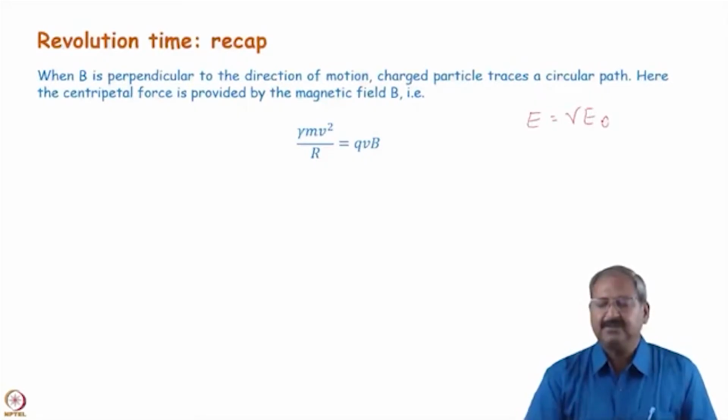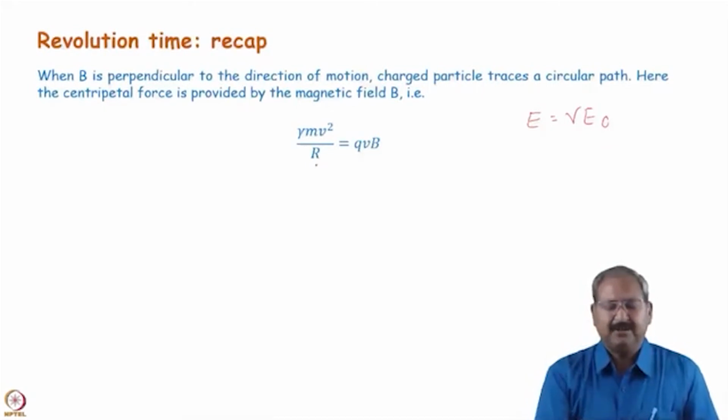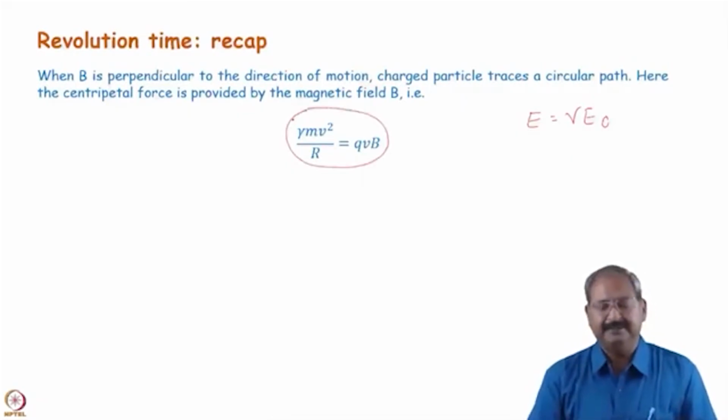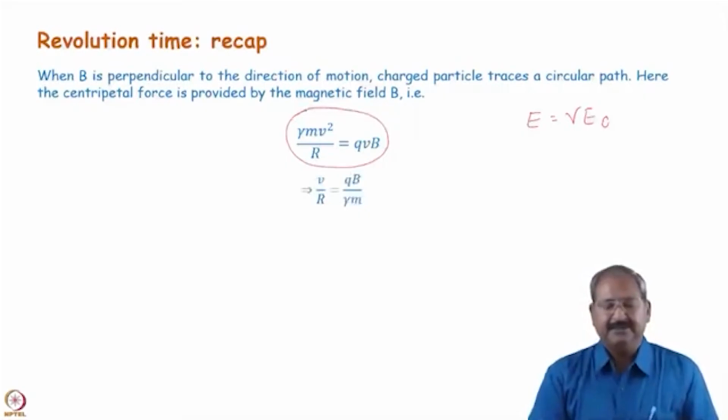So when we talk about delta gamma, we are talking about delta E. We obtain our formulation from gamma m v square over R is equal to q v B in terms of energy. So v by R, v will cancel out here, so v by R will be q B by gamma m.